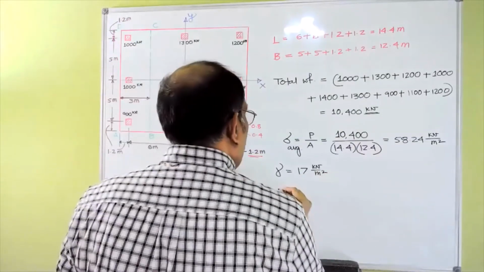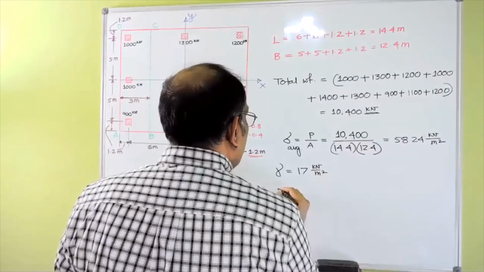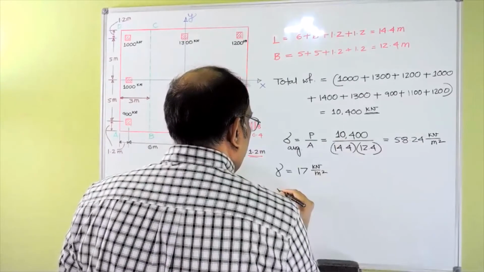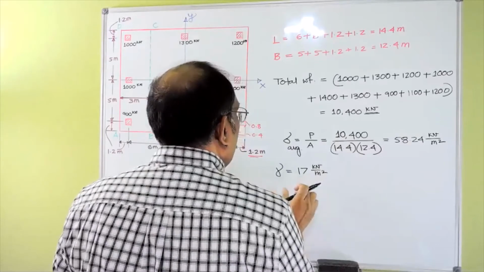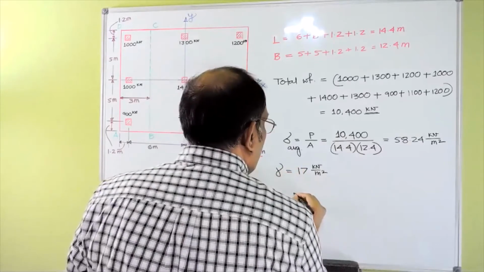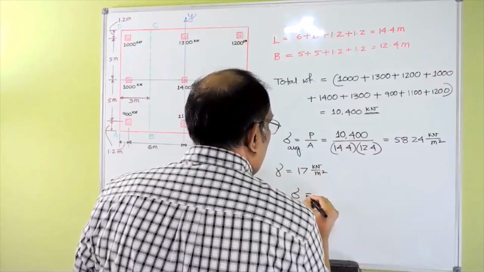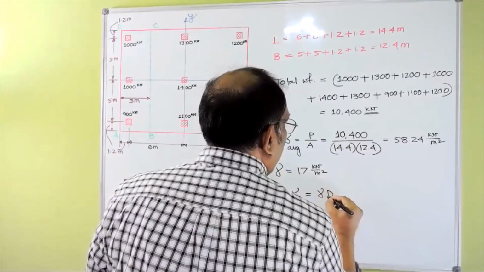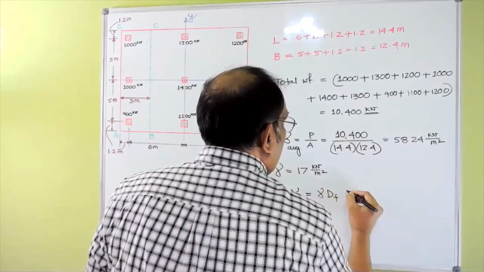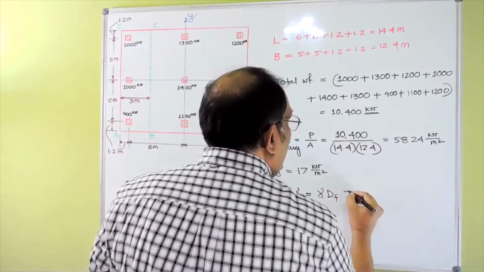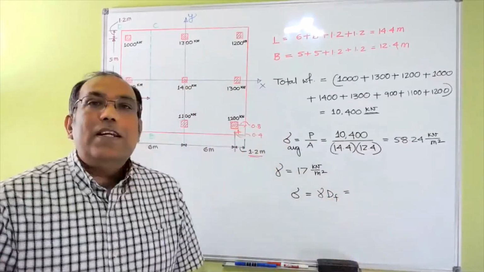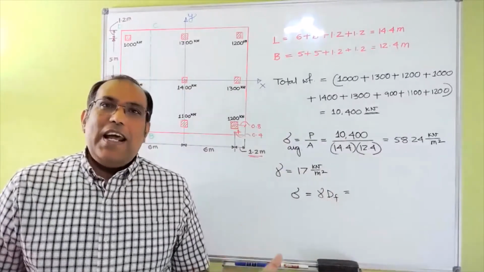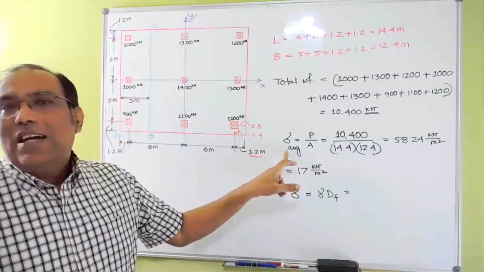So the pressure at a depth of dF is gamma times dF. This has to be for a 100% compensated foundation, so this pressure has to be equal to the pressure that's coming from here.